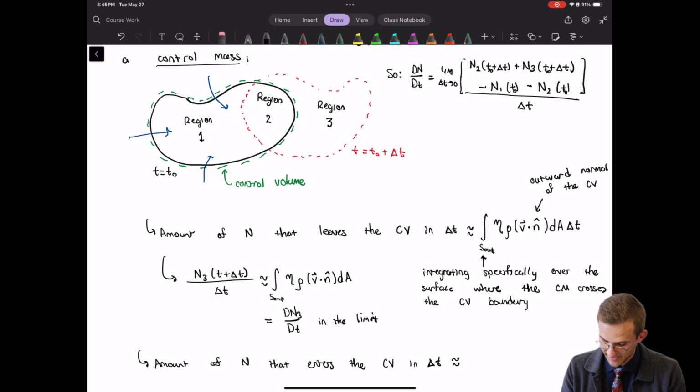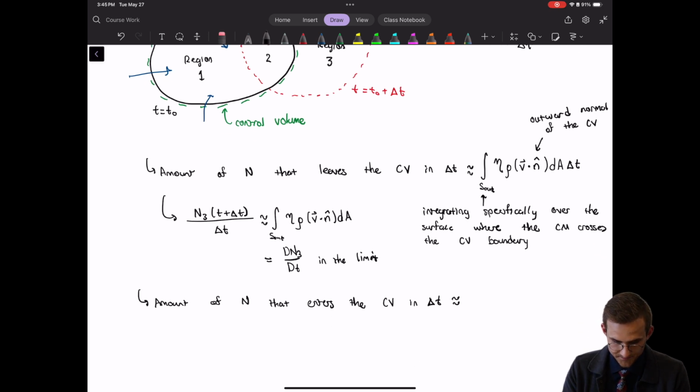So the amount of n that enters the CV is an integral. In this case, we'll write it as S in. Okay, so that's the surface over which material flows into the control volume, and it's going to be rho eta v dot n hat dA times delta t.